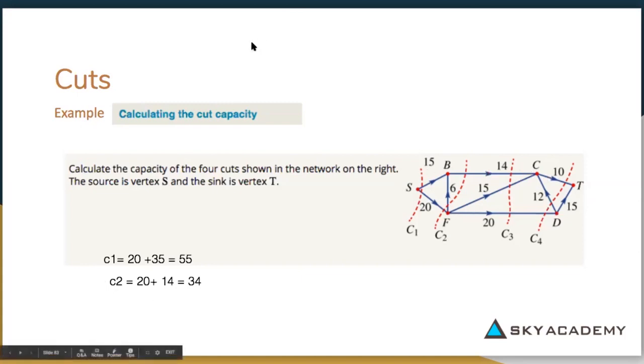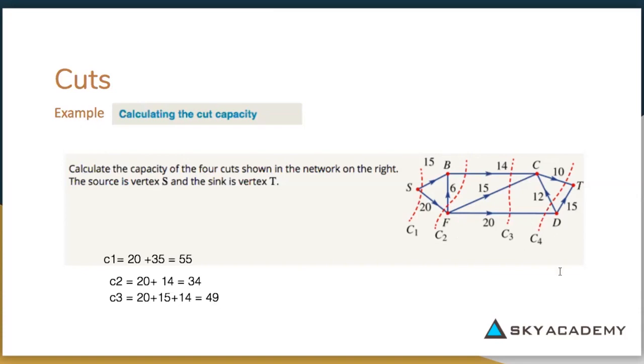And so for our cut 3, we can add C3 equals 20 plus 15 plus 14, and that would equal 49. So our cut 3 is a valid cut, same as cut 1 and cut 2. However, in cut 2, we did not include FB because it was not flowing from the source to the sink.